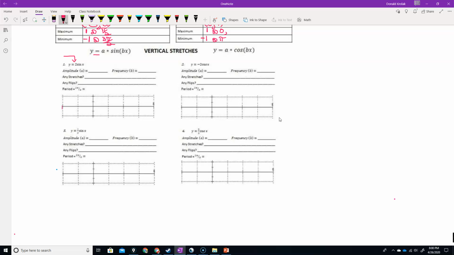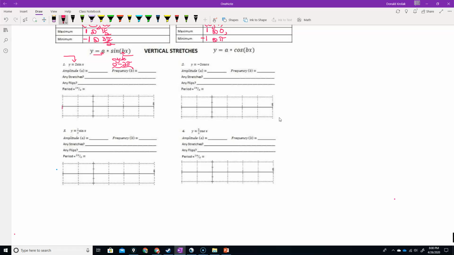That's this value right here. The A is your amplitude. The B is the frequency. The frequency is how many cycles you see between 0 and 2 pi.